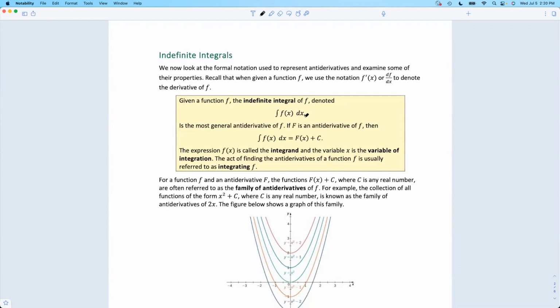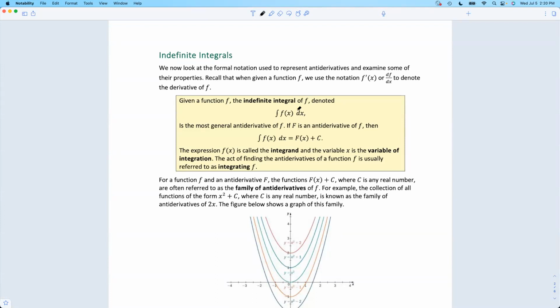Now, unless you become a math major, you will never, ever in your life write this symbol right here without writing some kind of differential. This differential tells you what your independent variable is. We'll see where it comes from when we do Riemann sums.